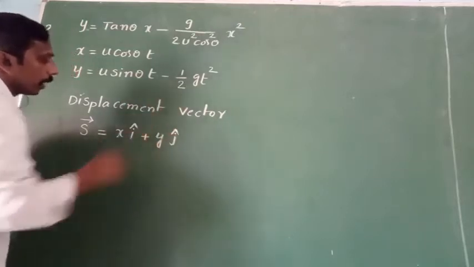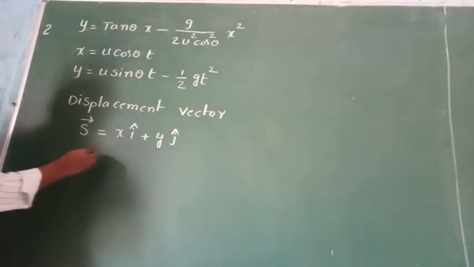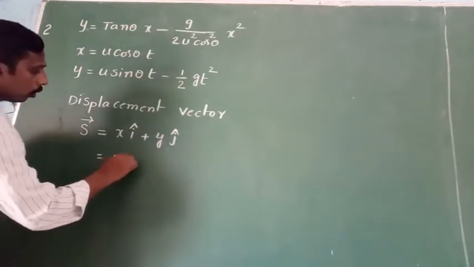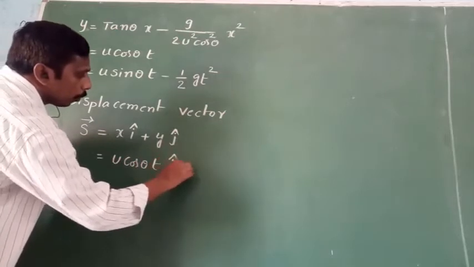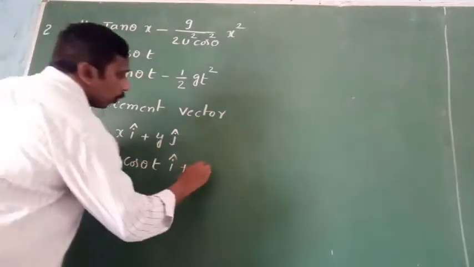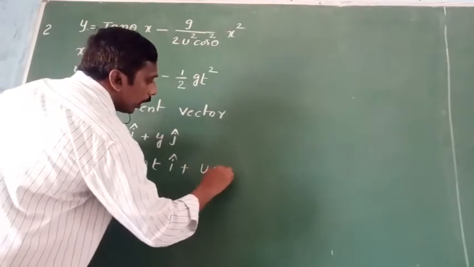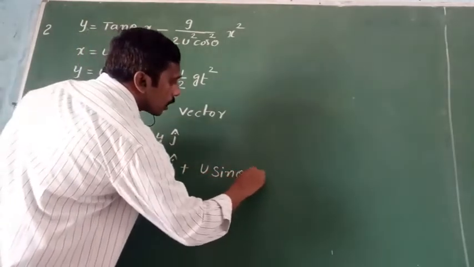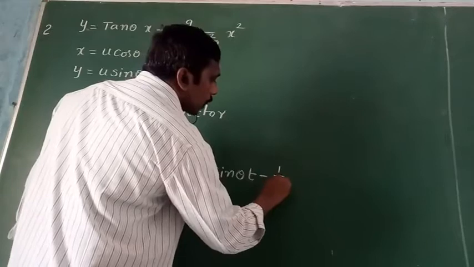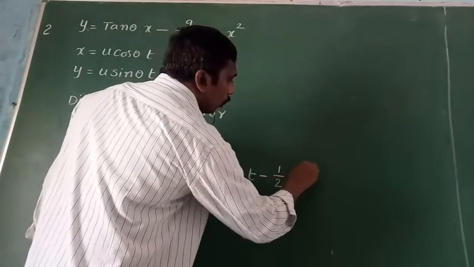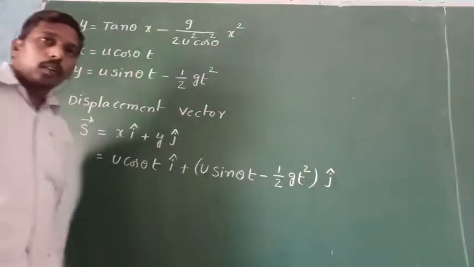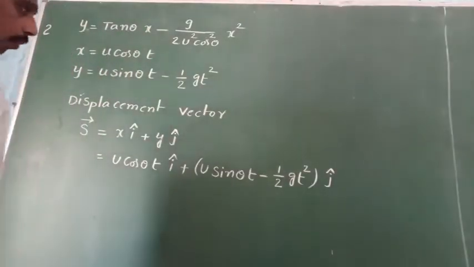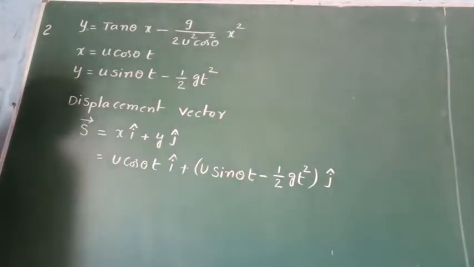This is the displacement vector after t seconds. x is equal to u cos theta into t i cap plus y is equal to u sin theta into t minus half of gt square into j cap. This is the displacement vector after t seconds.